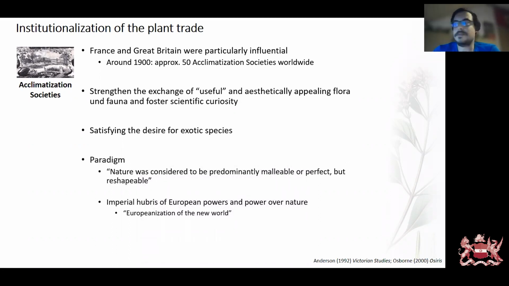Also, the paradigm of these acclimatization societies back in the days was that nature was considered to be predominantly malleable, not perfect, but reshapable.